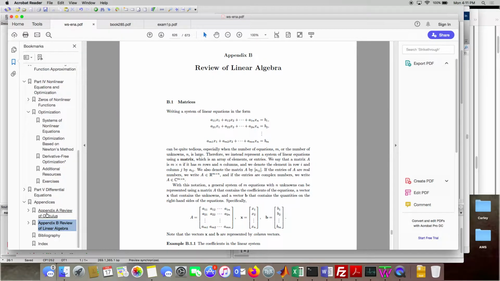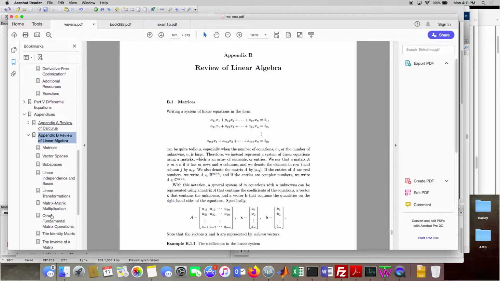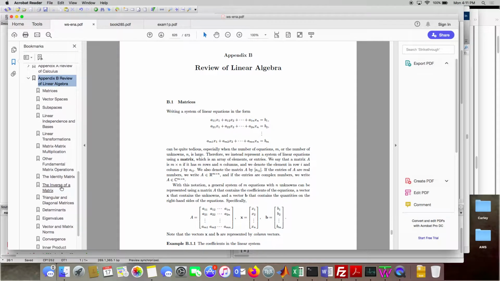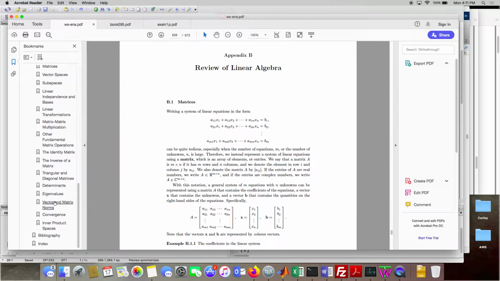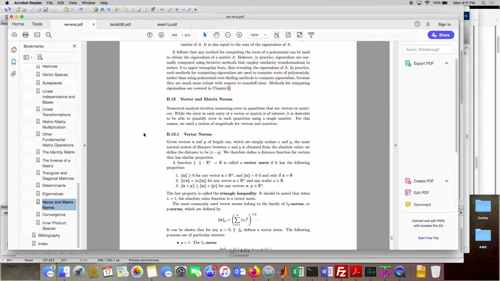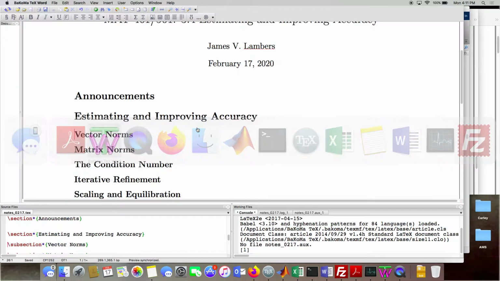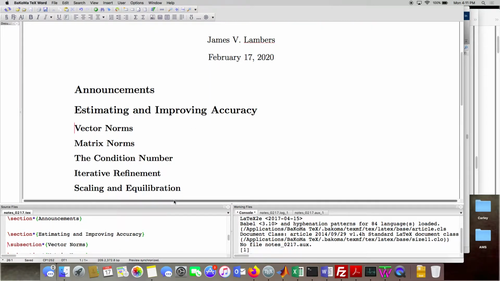There'll be a couple of sections of this appendix that I need to get into for today's material. Okay, vector and matrix norms. I'm going to deal with that first, and then we'll get into the rest.